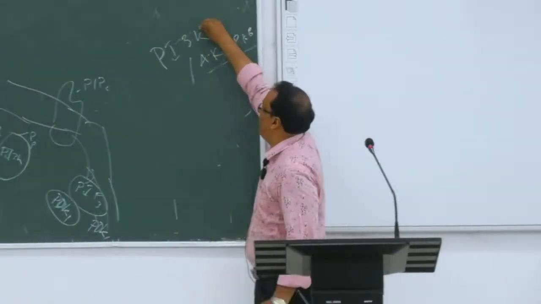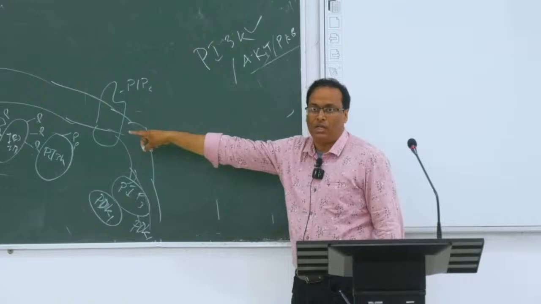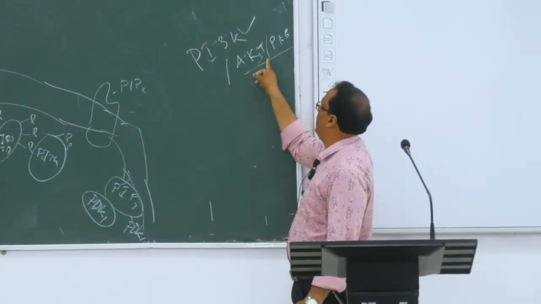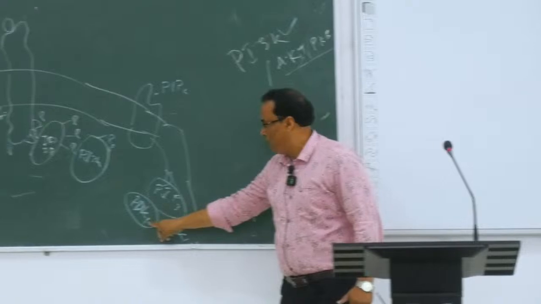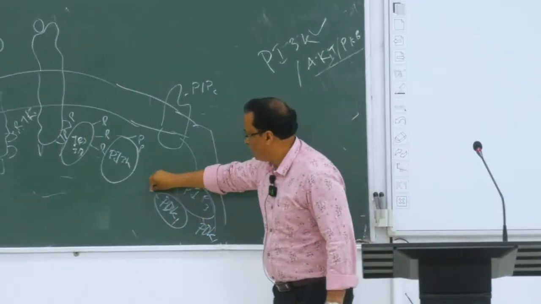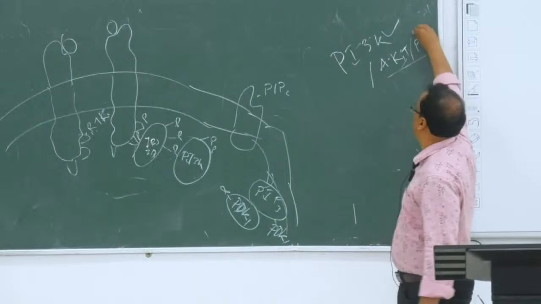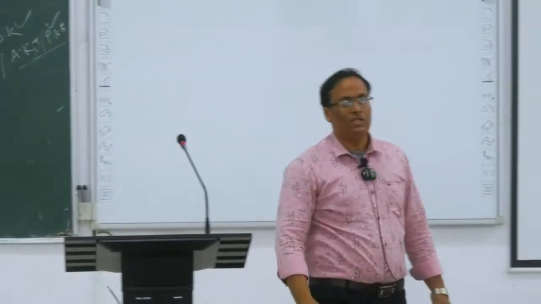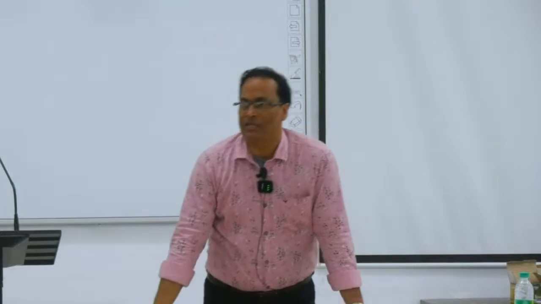After the connection with insulin receptor substrate 1 and 2, then PDK1 connects to PI3K, and then it will be phosphorylated, and then again phosphorylation and activation of that. Protein kinase B is required for the further reactions.